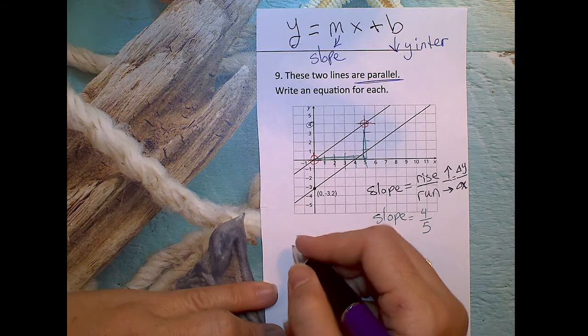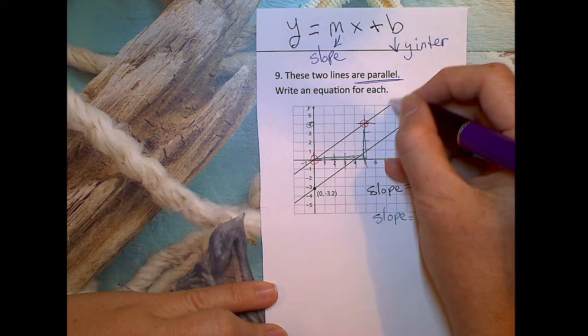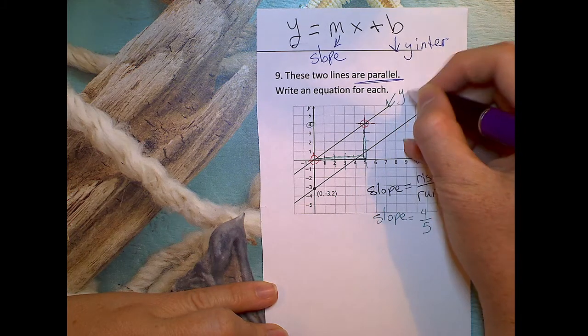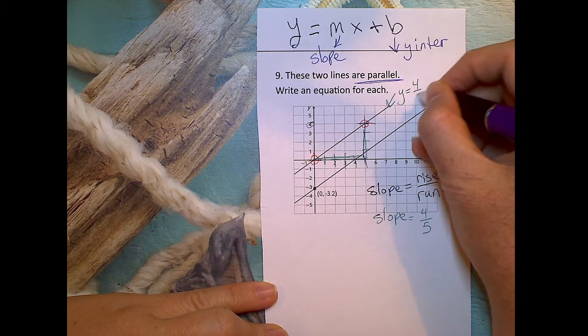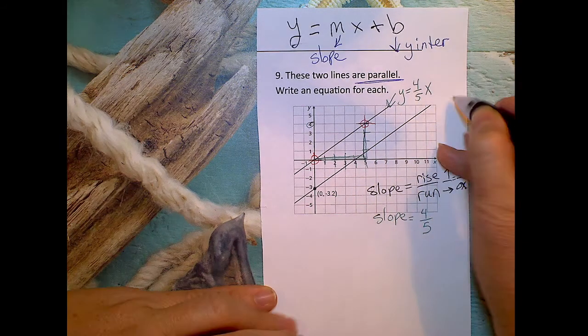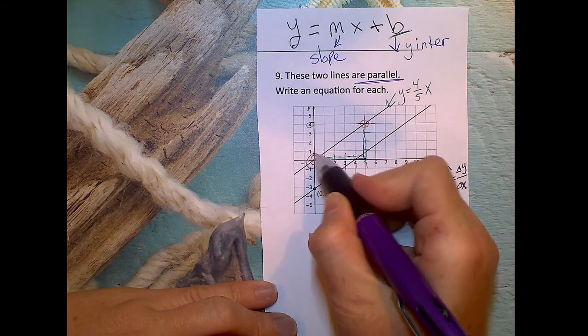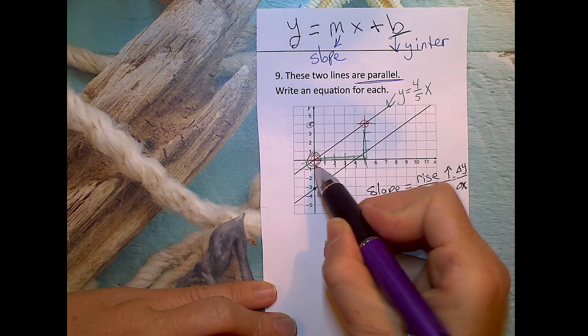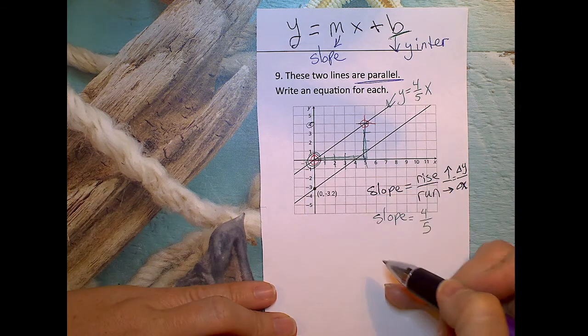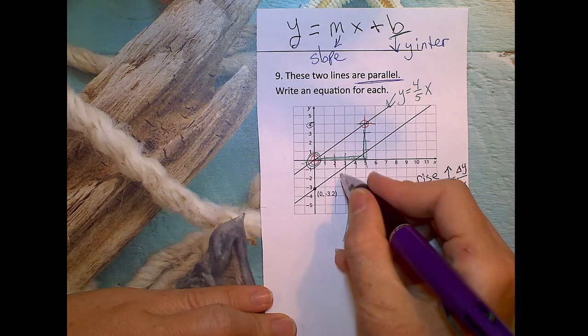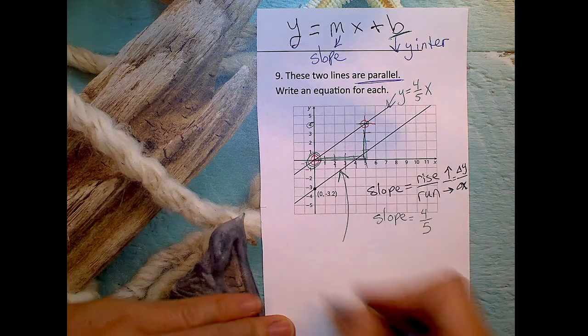Okay, so for the first line, here, the equation is y equals 4 over 5x, and I know that b is 0 because the y-intercept is 0. It crosses the origin. Okay, and then for the second line, what is the equation of the second line?